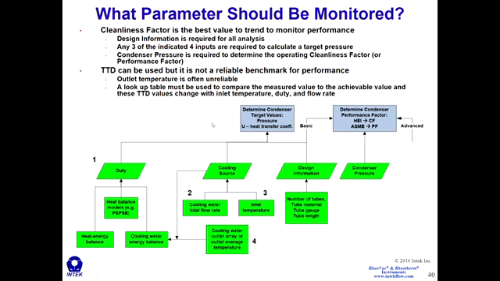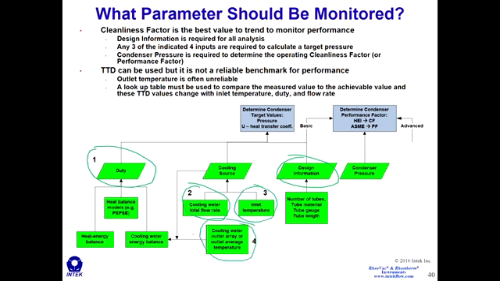Okay, so cleanliness factor is what we recommend to be the best value to trend to monitor performance. You need the design information required for all analysis: tube count, tube material, tube gauge, tube length, all of that. And then you need any three of these 4 items to calculate cleanliness.